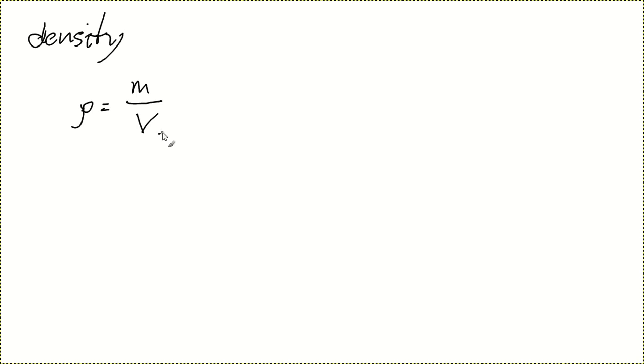Now, for many fluids, density is pretty much constant. So, for example, water, let's say rho water, is pretty much always 1 gram per cubic centimeter. cc is just a shorthand, by the way, for centimeter cubed.